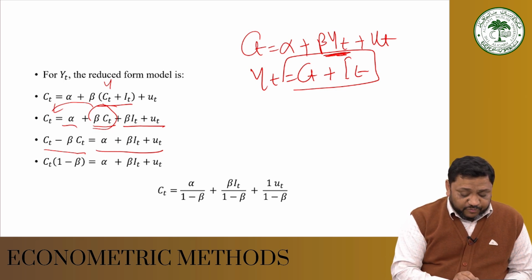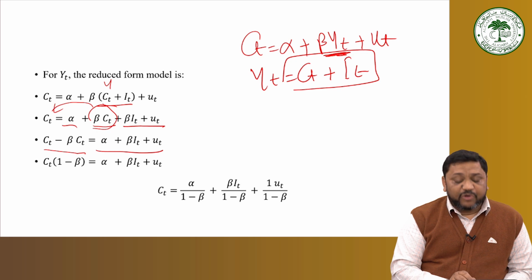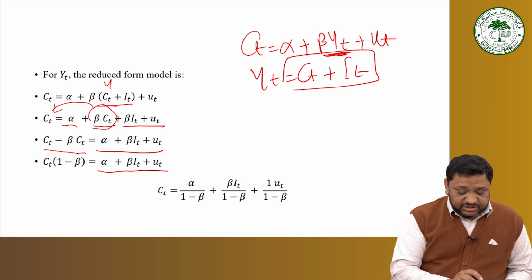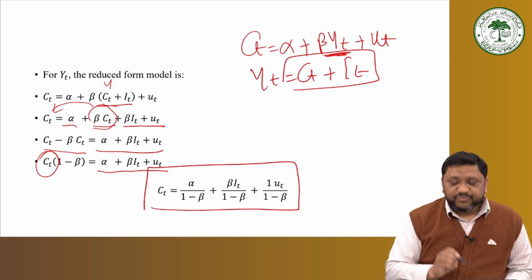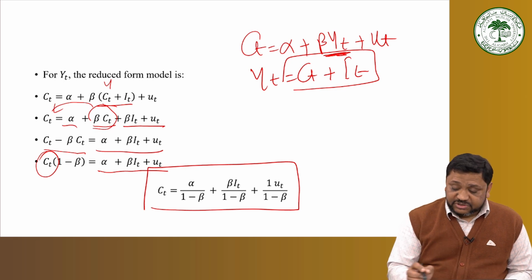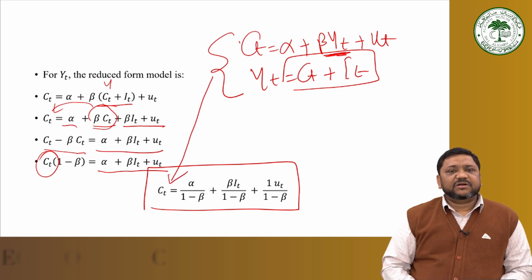Now, we can take Ct common. So, taking Ct common, we have Ct times 1 minus beta is equal to alpha plus beta it plus ut. This we can write in terms of Ct only, and this is my reduced form model. These two structural equations can be reduced and Ct can be written in this format.